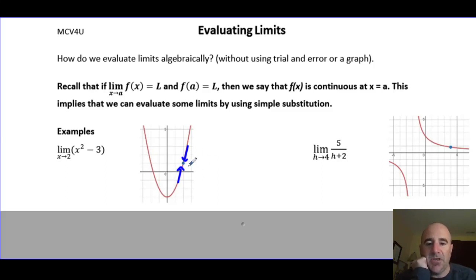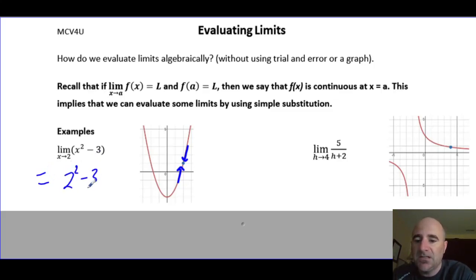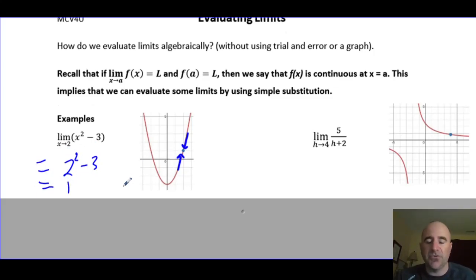And we know that point is continuous. There's no break or hole at that point. So sure enough, it's not surprising that the limit is equal to 1, which is the exact same thing as if you just subbed in x equals 2. You can do that because there are no breaks there.